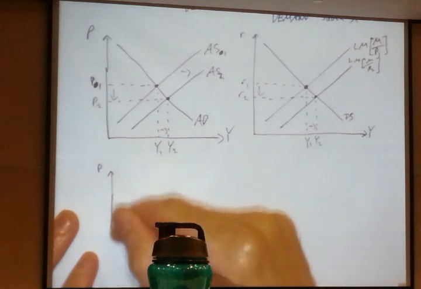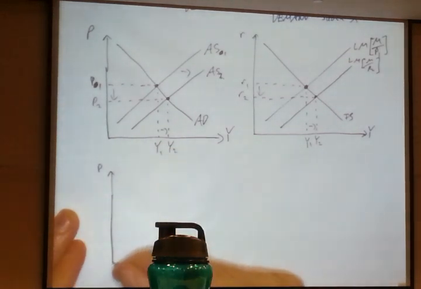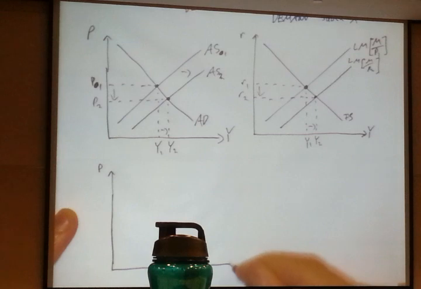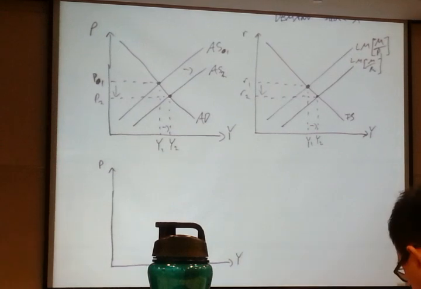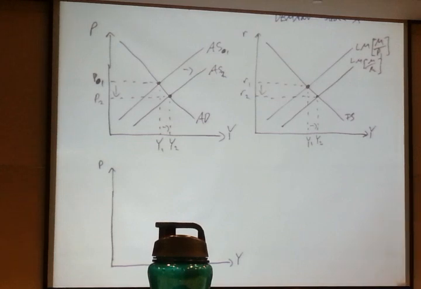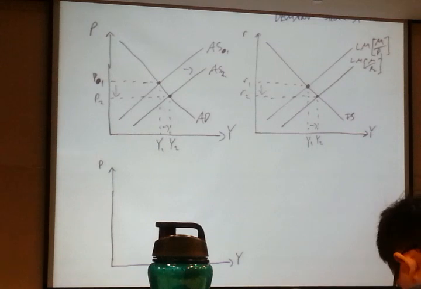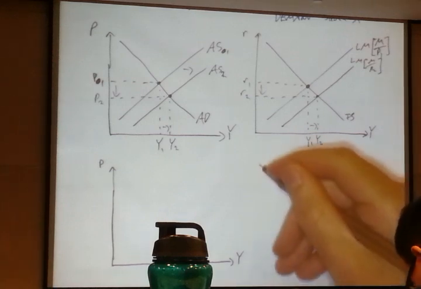So suppose I was setting out to disprove this statement. Suppose I wanted to show that it was wrong. What do I have to do? I need to find a demand shock that will give me lower interest rates and higher output. What type of demand shock do you think would have that effect?